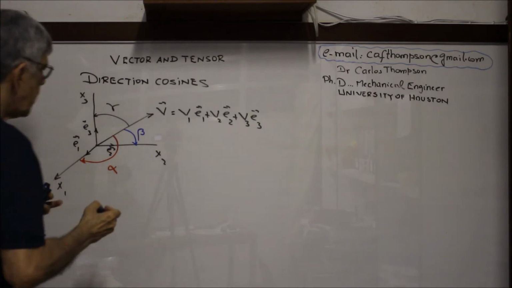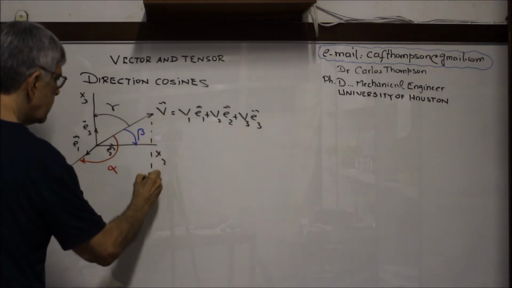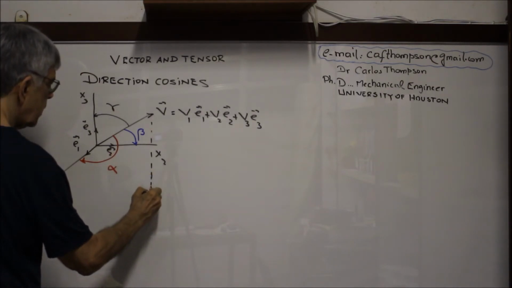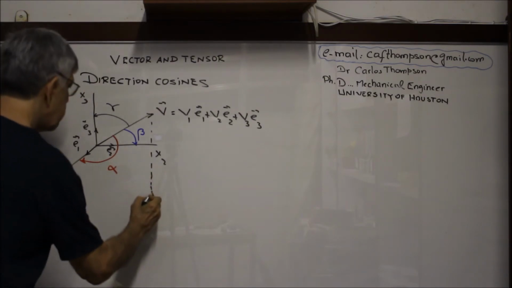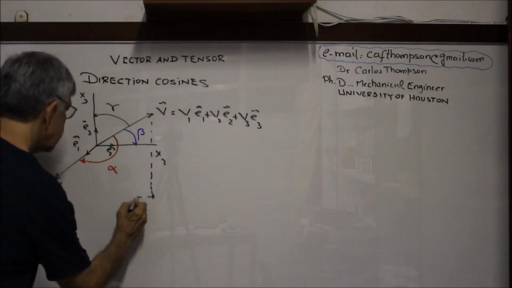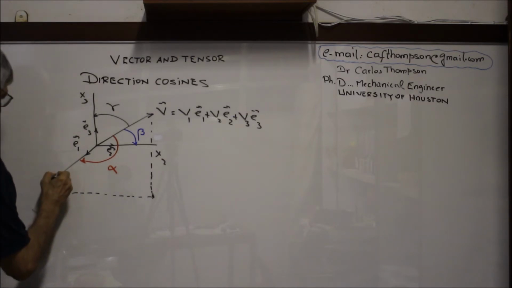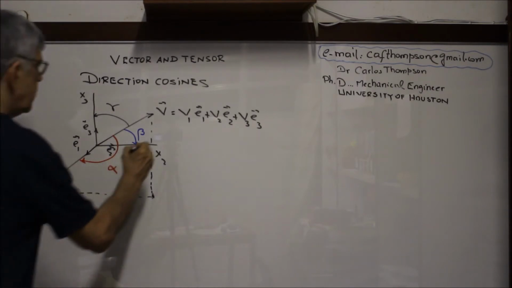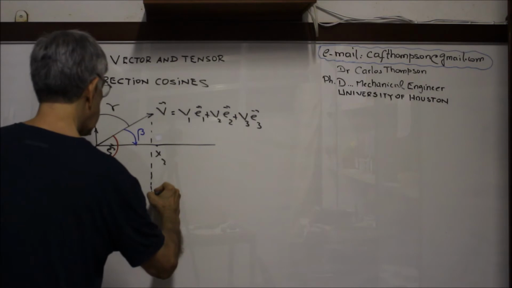Now, if you project this vector on the x1, x2 plane, you just take a parallel over there. Let's take a parallel right here. Now from here, it will be a parallel to x1.